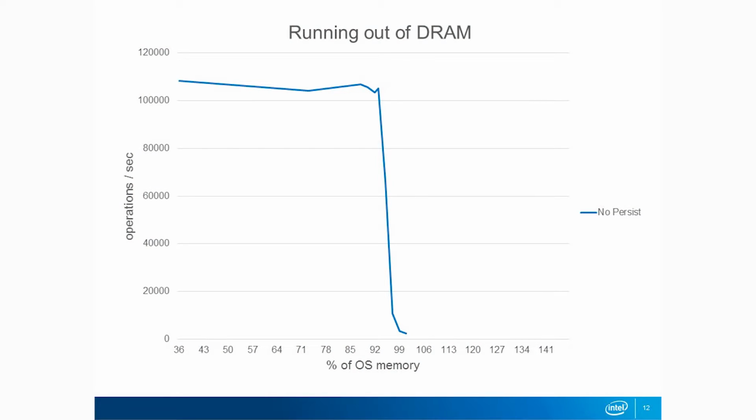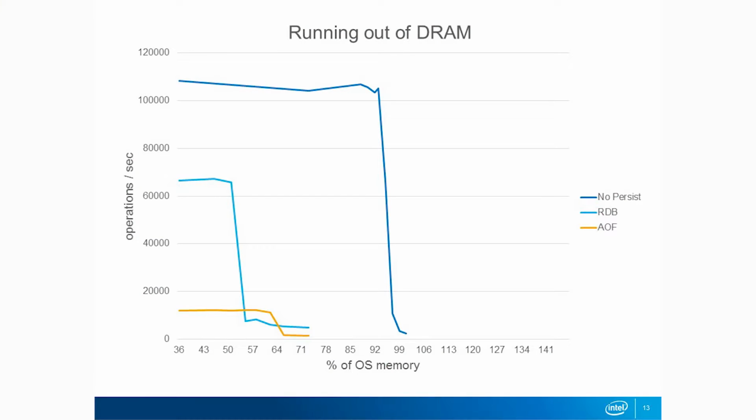We also checked what happens when the size of the dataset grows up to the whole available RAM in the system. So for the version of Redis without persistency, when the size of the dataset was at around 90% of the whole available RAM, there was a drop of performance.